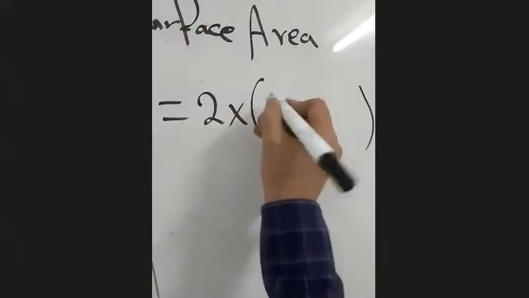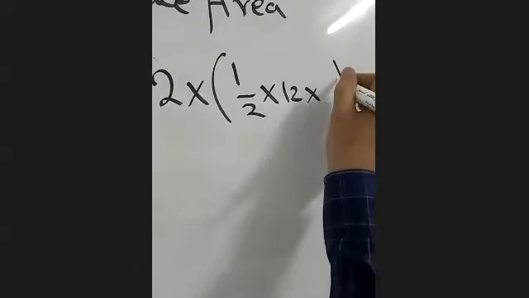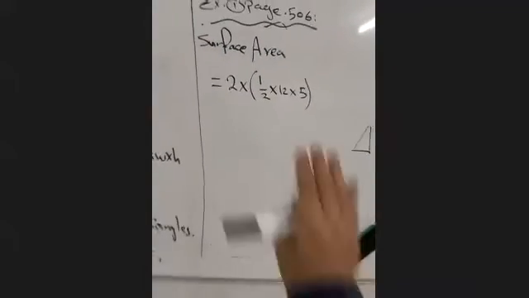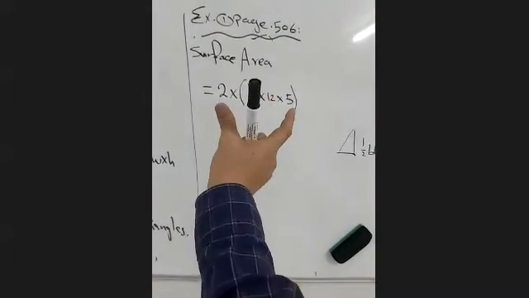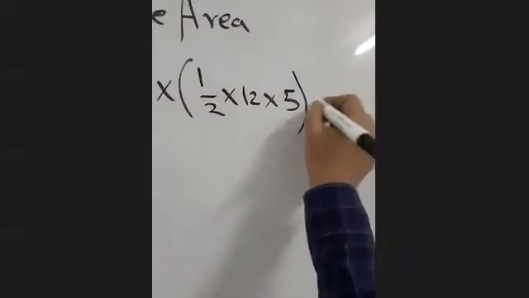The other triangle also has the same base and the same height. So here, half multiply the base 12, multiply the height 5. In this step, I found the area of the two triangles, plus.